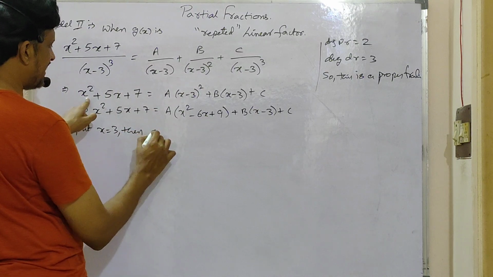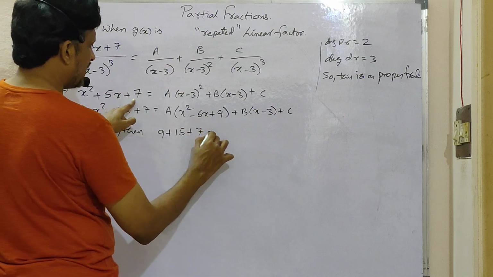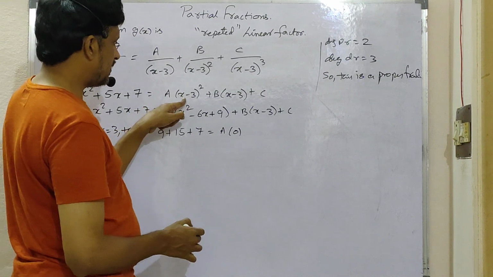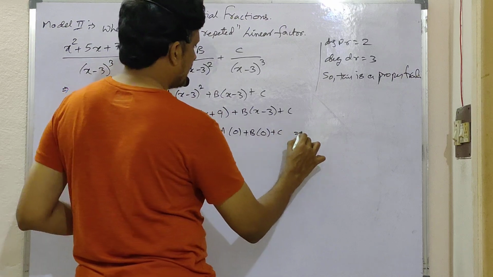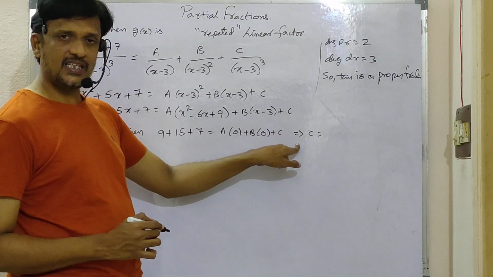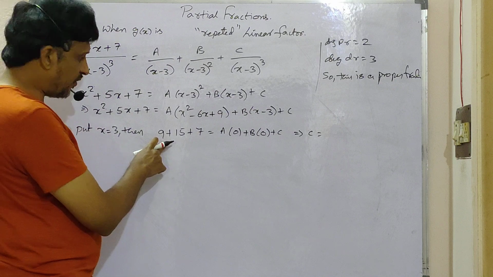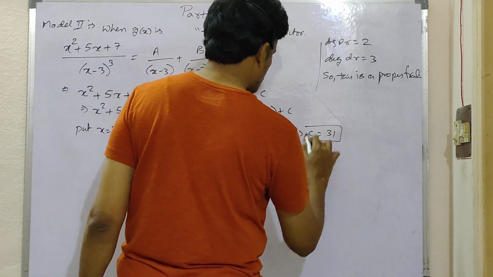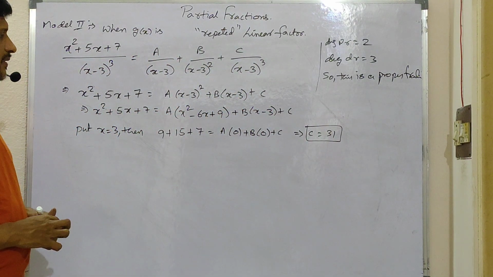Then the LHS will be 3 square, 9, plus 5 into 3, 15, plus 7, equal to a into 0, plus b into 0, plus c. That means you are getting the value of c, which is equal to 15 plus 9, 24, plus 7, 31. So the value of c is 31.